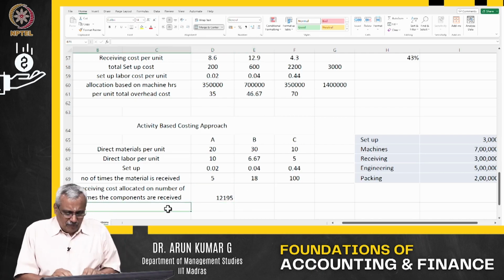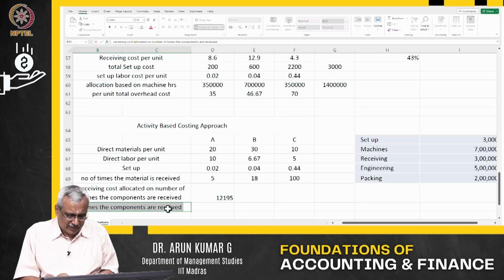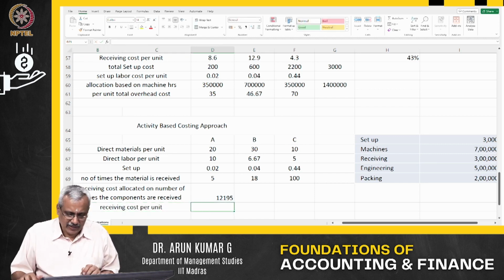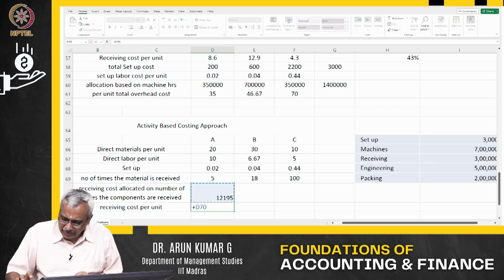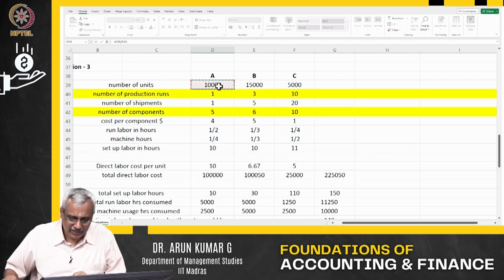So per component, what is the receiving cost per unit? This is the total receiving cost, and the number of units I have here is 10,000.